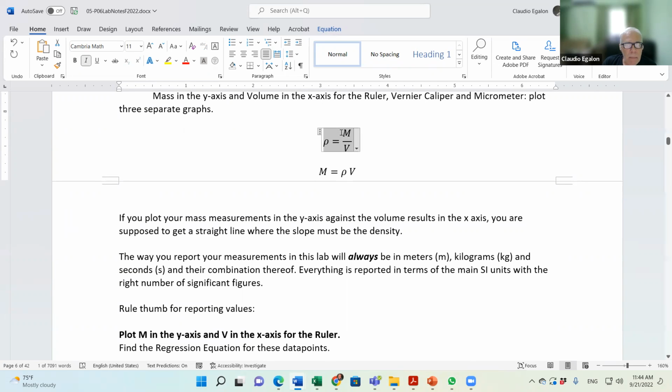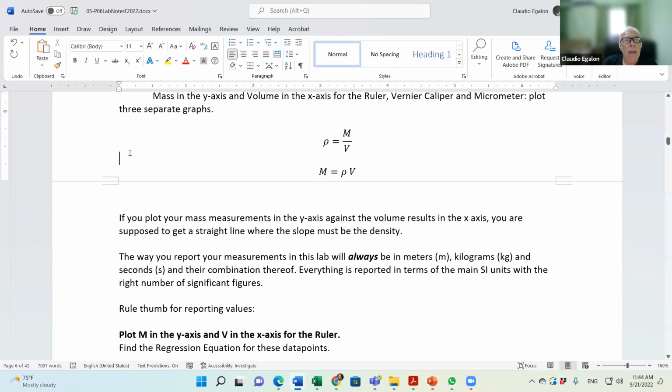We measured the mass, we calculated the volume. Because we use spheres of the same material, steel, we should expect each of those 6 spheres to have the same density.